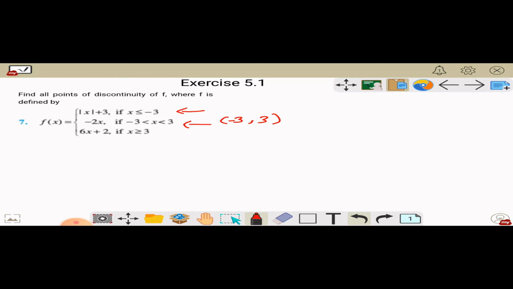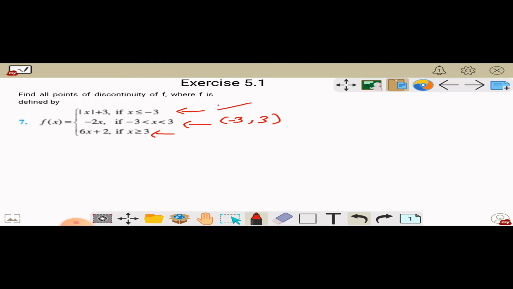So if x belongs to the open interval minus 3 to 3, then it is minus 2x, and if x is greater than or equal to 3, then it is 6x plus 2.